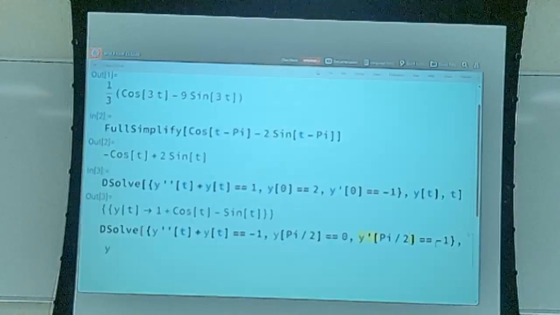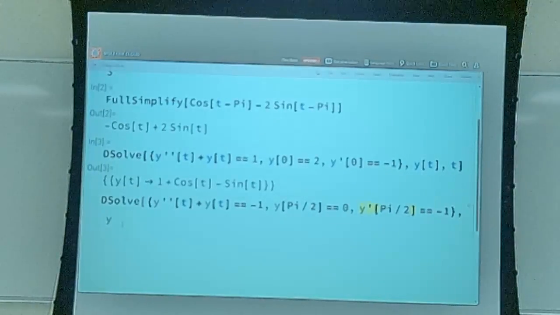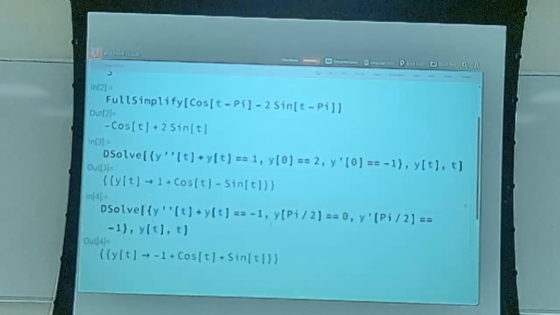I didn't copy the whole DSolve. There's your y1: -1 plus cosine plus sine.